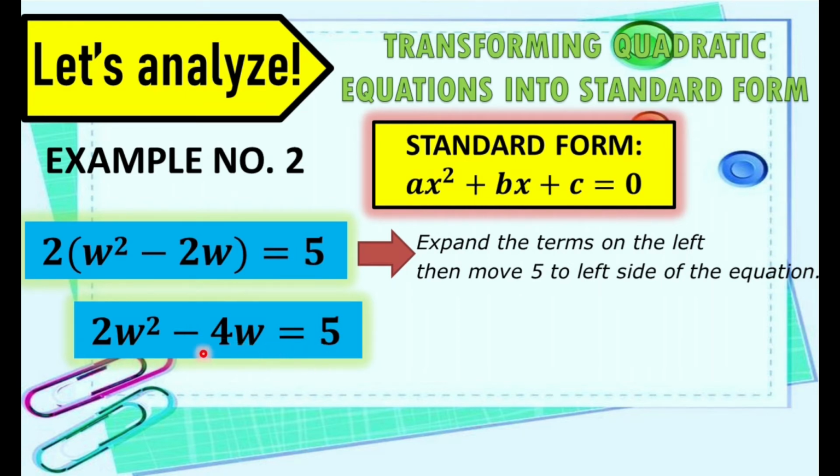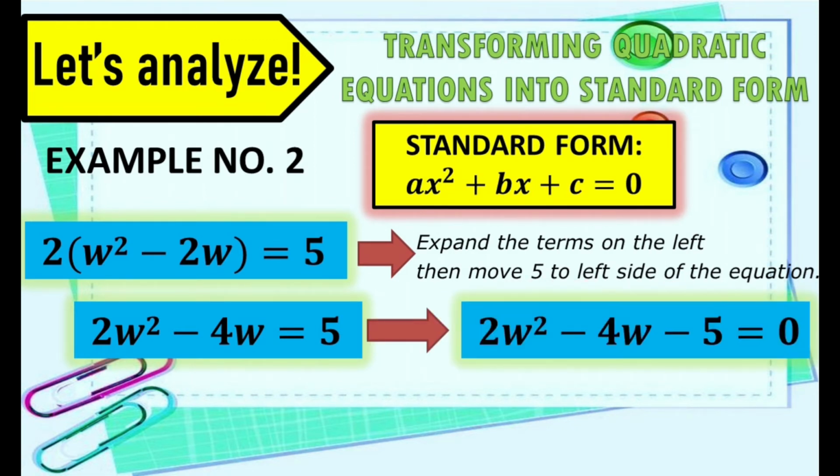Now, we had already successfully expanded the terms on the left. The next thing that we're going to do is to move 5 to the left side of the equation. We are going to use addition property of equality.